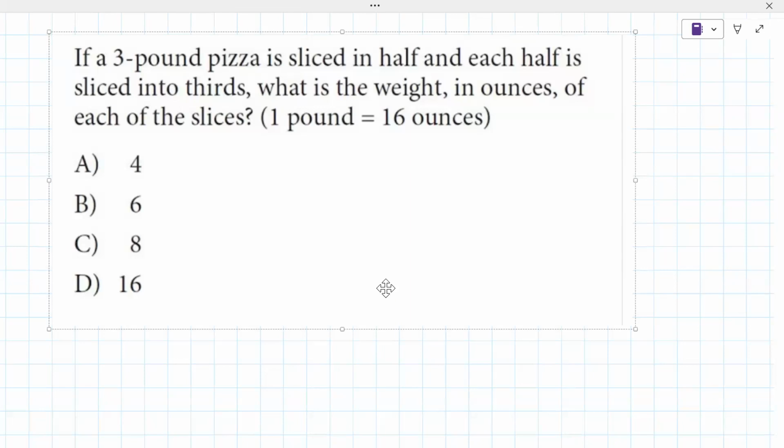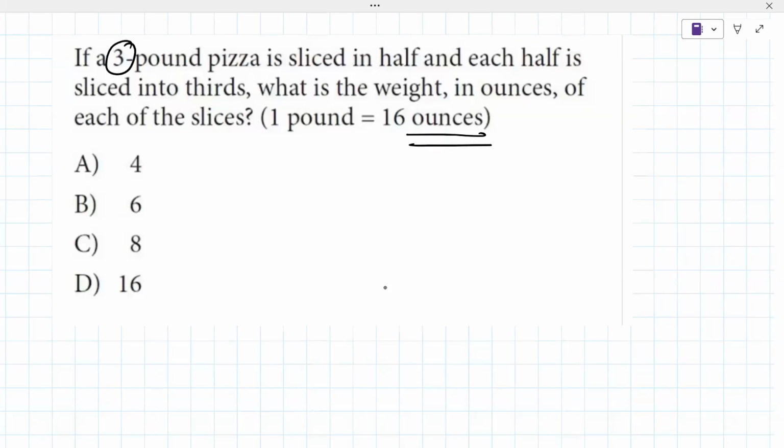Why don't you figure out what 3 pounds is in ounces? How many ounces is 3 pounds? 36.